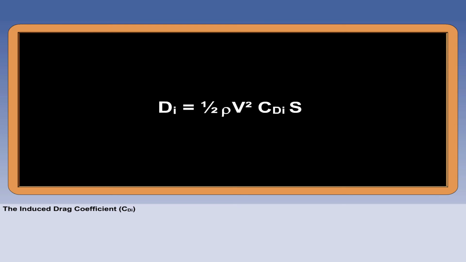The formula for induced drag, as you will see on the screen, is very similar to the basic lift and drag formulae. On first sight, the equation would seem to imply that induced drag, DI, increases with speed.